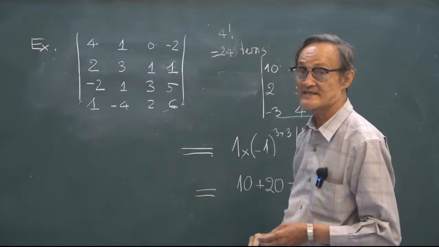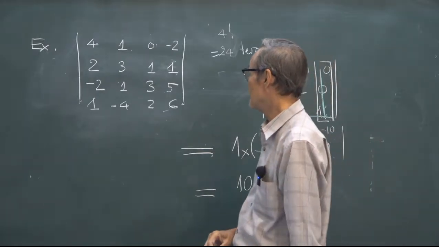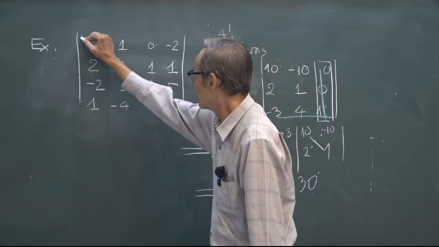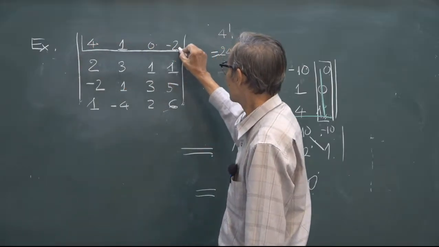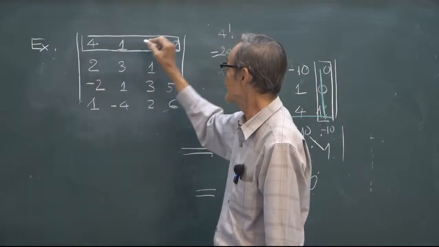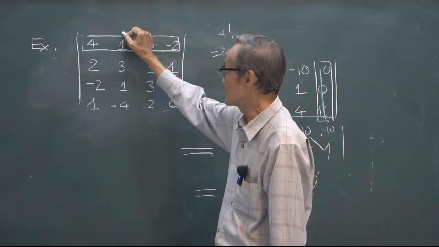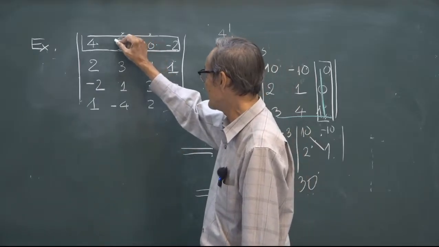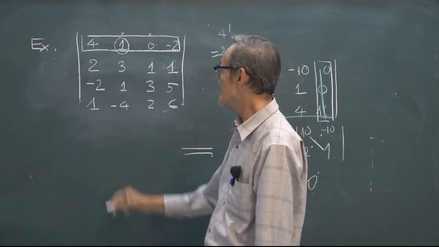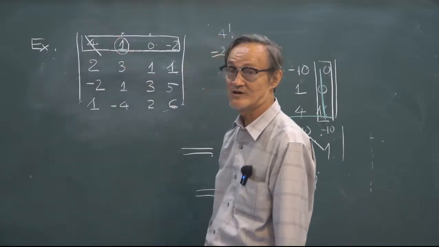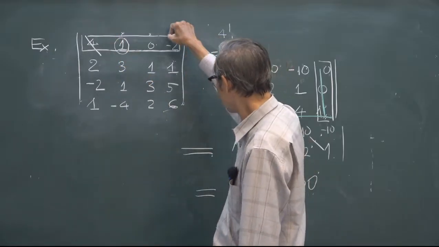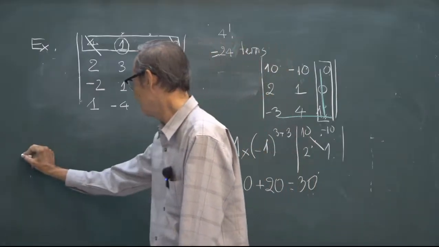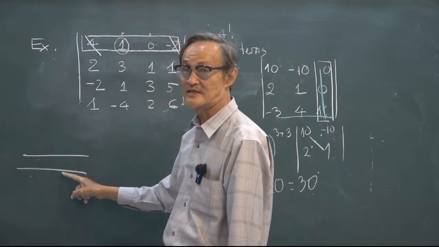Very, very complex. Now we choose the row which contains 0 and 1, 0. We use this element 1 to transform 4 into 0 and transform minus 2 into 0. Equals.